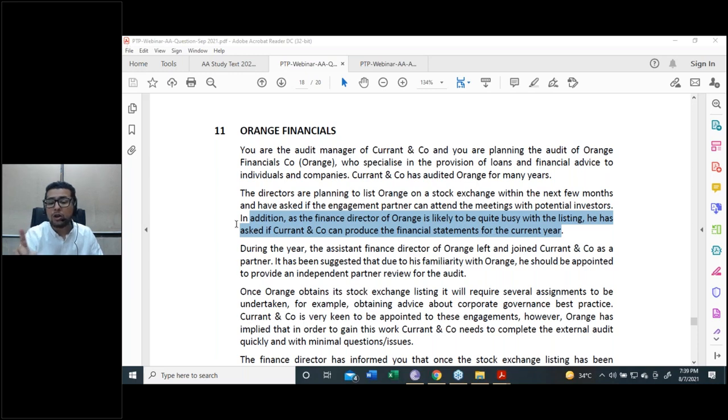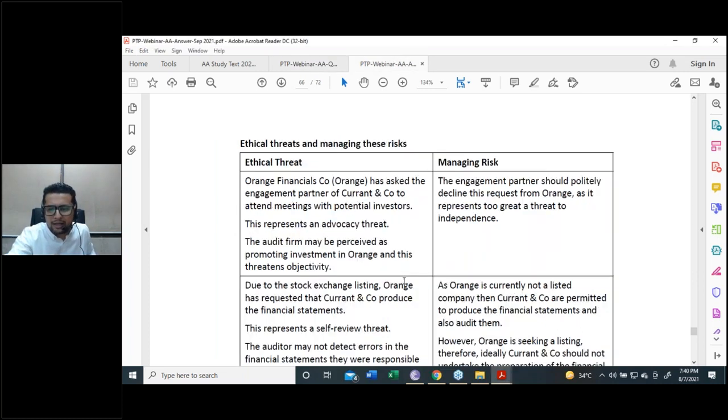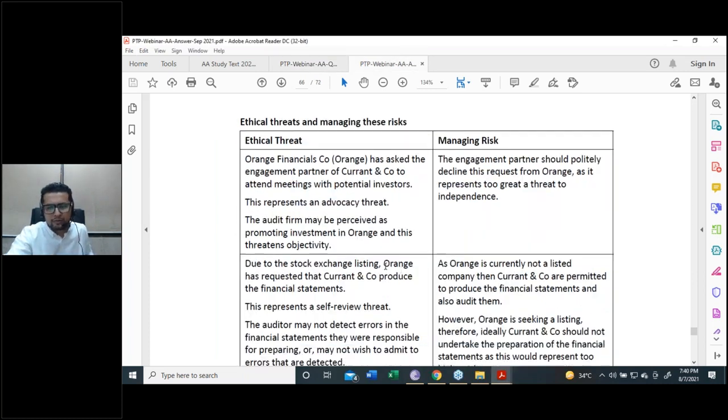By the way, this is a non-listed company, so we might be interested in preparing the financial statements using that Chinese wall concept. But again, the company is looking forward to getting the stock exchange listing. So ideally speaking, we should not engage ourselves in such activity, and we should politely decline this.